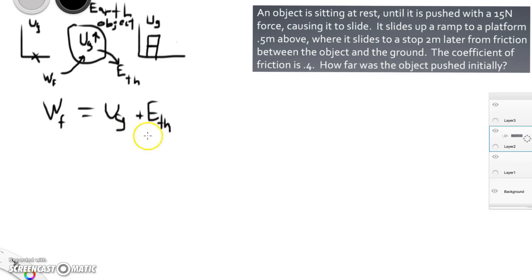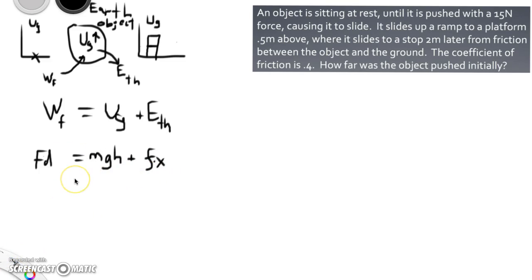The energy that was lost I put on the right. We had nothing before, so we have nothing here in addition to the work, and we're left with gravitational potential energy. So now we can go ahead and write out our equations. For work, it would be the force times the distance. It's a uniform force. For potential energy, mgh. And for thermal energy, it'll be friction times the distance.